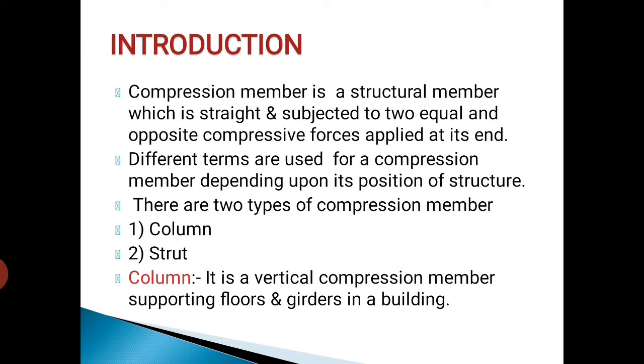Compression member is a structural member which is straight and subjected to two equal and opposite compressive forces applied at its end. Okay, see the second point. Different terms are used for a compression member depending upon its position of structure. First of all, which member is in compression?